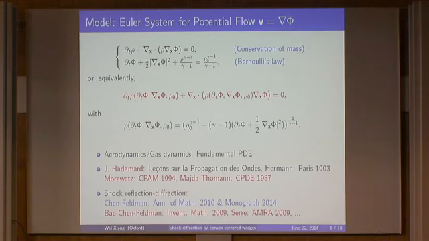So recently there was a breakthrough by Gui-Qiang Chen, Mikhail Feldman, and also Min Jin, working on shock reflection problems by the potential flow equation. They got the global existence result if the wedge angle is large enough, near half pi.